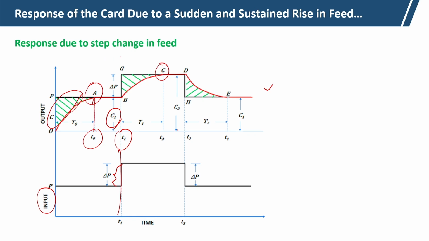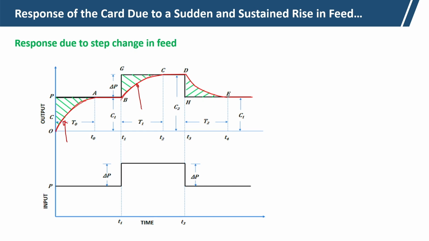We are changing the feed suddenly, a step change in feed, but the card will take time, it will get loaded gradually, and the additional portion loaded is given here. This red color plot shows how the loading takes place.